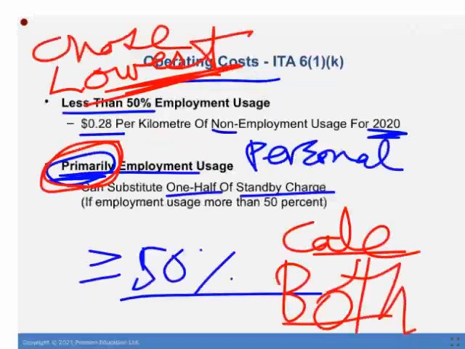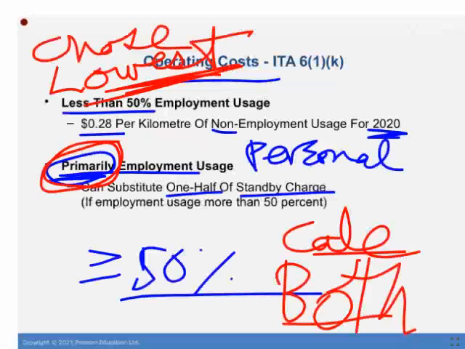So I'm not going to worry too much about this slide right now. Now that we've talked about scenario number 1, which is the employer provides the vehicle, and we have to calculate the benefit, let's have a peek at a sample question to quickly run through those calculations.